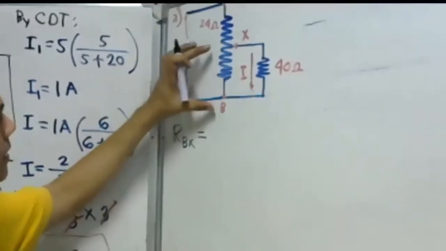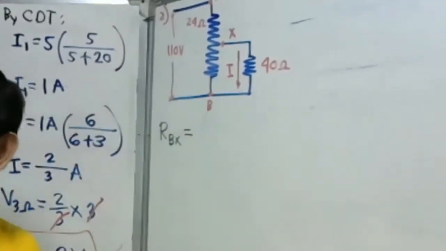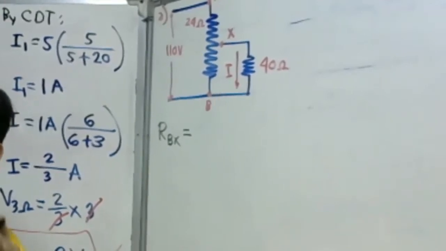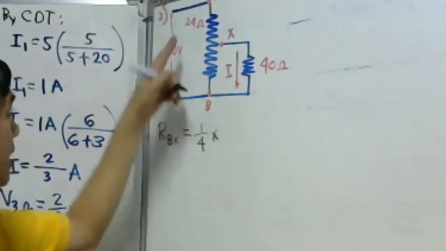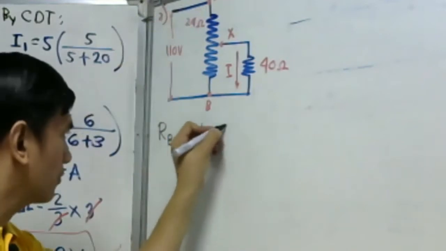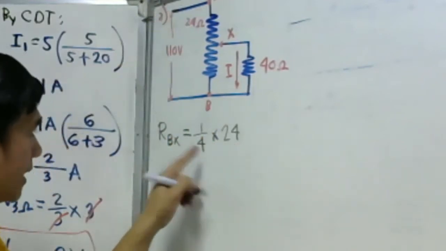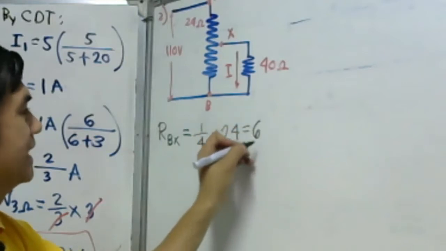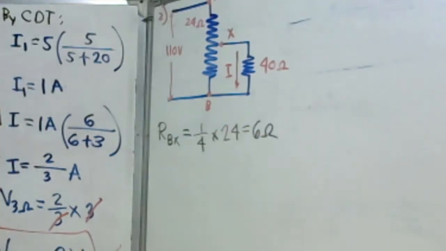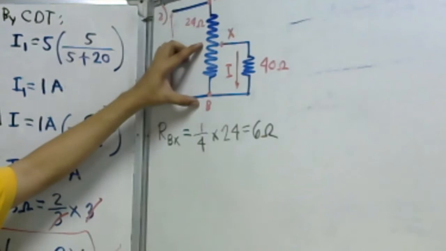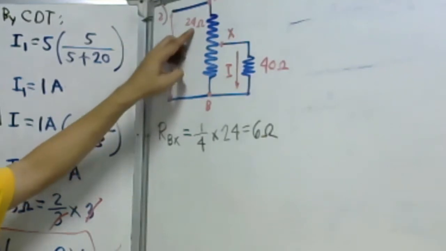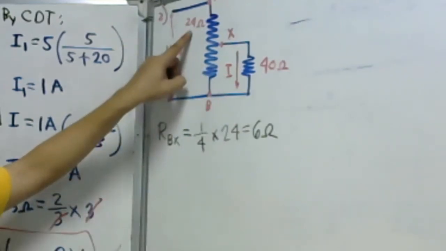When the sliding contact X is 1/4, put here 1/4 multiplied by the whole resistance, which is 24. So 24 divided by 4, we have here 6 ohms, the resistance from B to X. This is 6 ohm resistance. Of course, 24 minus 6, how much? We'll be having 18.